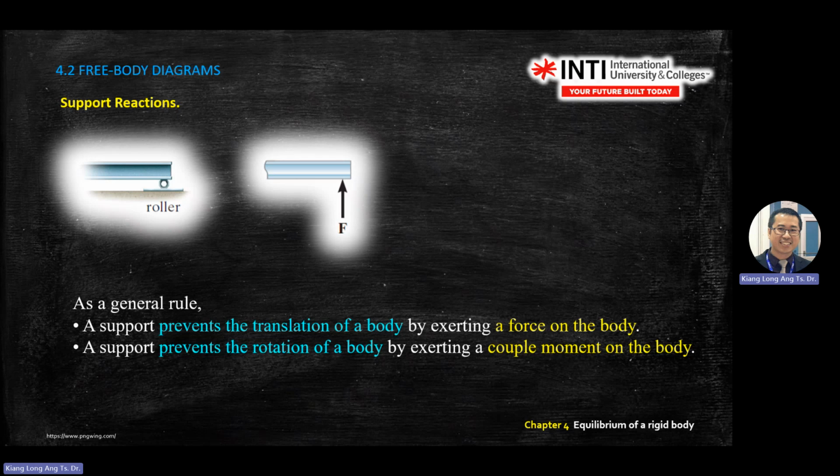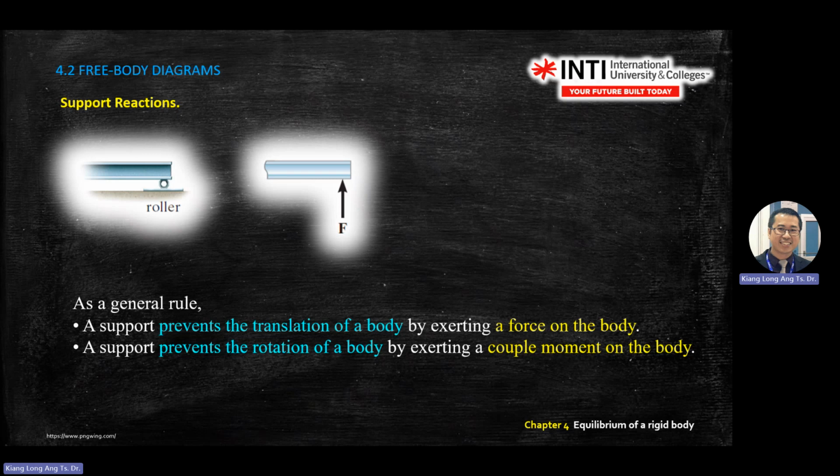Now we look into support reactions. There are 2 general rules. What is the function of a support? The support can be a pin, can be built inside a wall, can be a roller, can be anything. A support is there to prevent translation.